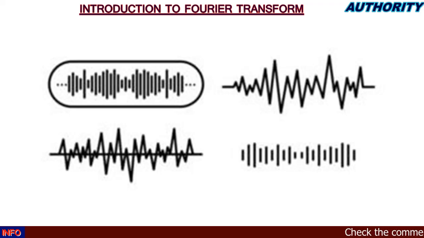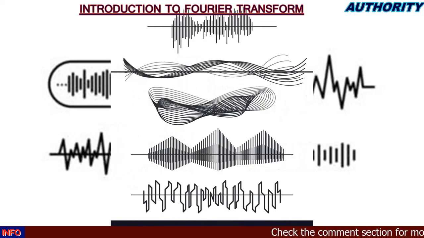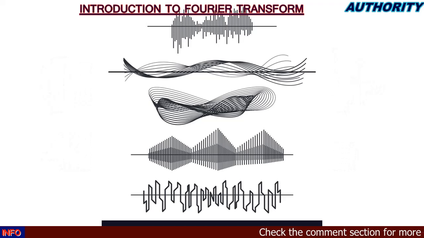In that music, there will be guitar, piano, keyboard, drum, and other things, saxophone, a trumpet, and other musical instruments. Now, when you apply the Fourier transform to that song, it separates the sound into different parts representing each instrument.